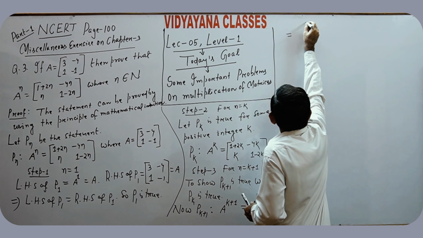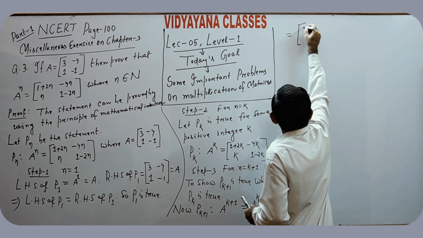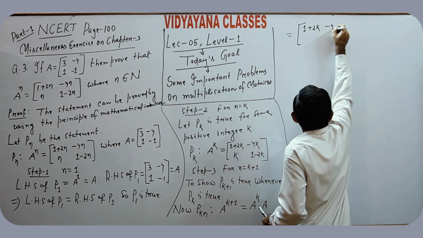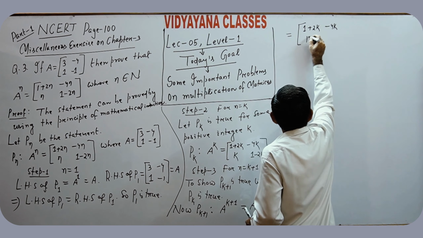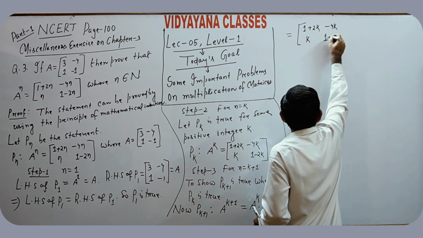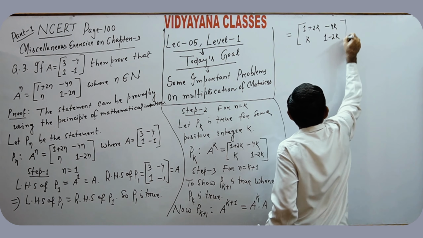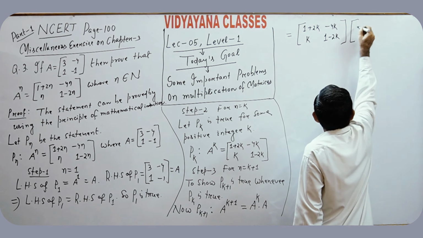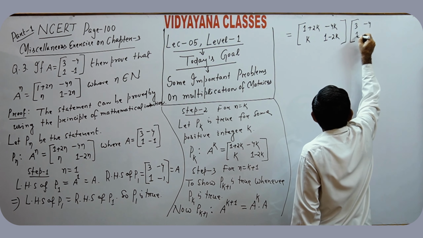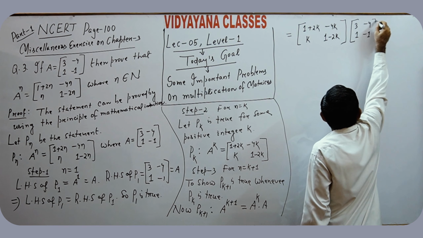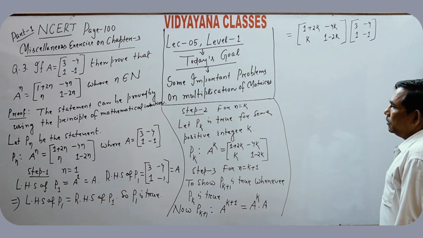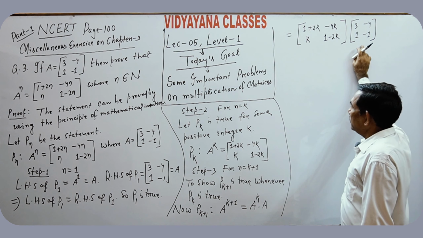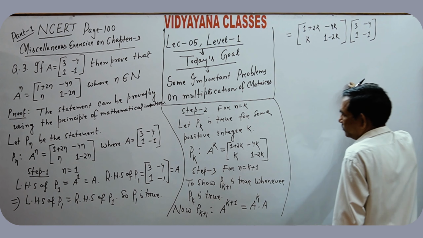A to the k is a matrix having elements 1 plus 2k, minus 4k, k, 1 minus 2k, and A is given by 3, minus 4, 1, minus 1. Clear?